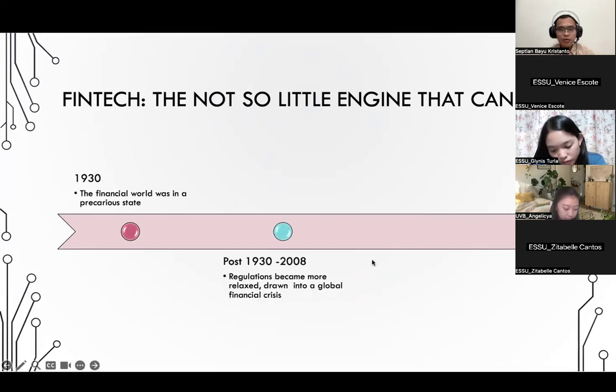Then we move through regulations between 1930 and 2008. We have lots of regulations for financial services, and then some regulations became more relaxed until we had problems. That was a big problem in 2008.